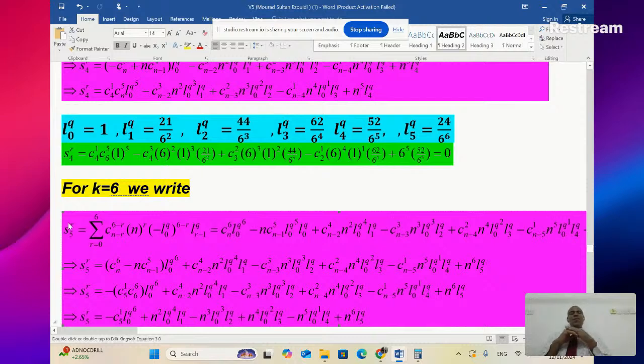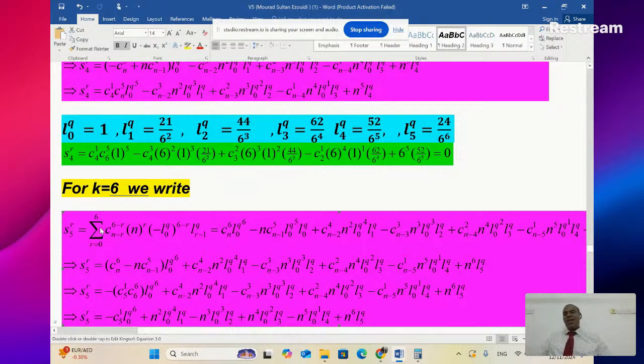When you reach S5, you rearrange your new 6th degree polynomial equation and write it as x to the power 6 minus S0 of order Q x5 plus S1 of order Q x4 minus S2 of order Q x3 plus S3 of order Q x squared minus S4 of order Q x plus S5 of order Q. You can see that all the coefficients with odd subscripts are positive, and the others we put a negative sign.